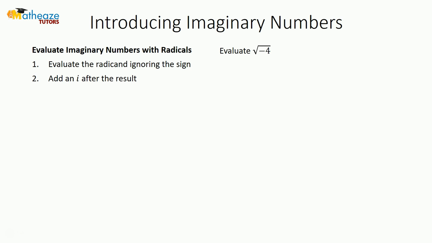What we want to remember is the square root of -4 is the same as the square root of 4 multiplied by the square root of -1. So what is the square root of 4? That's going to give us 2, and the square root of -1 is i. So we have 2i.